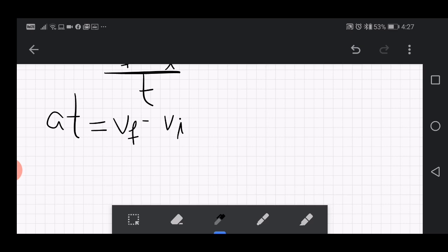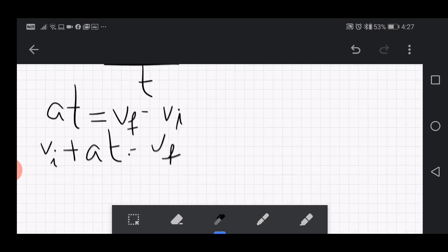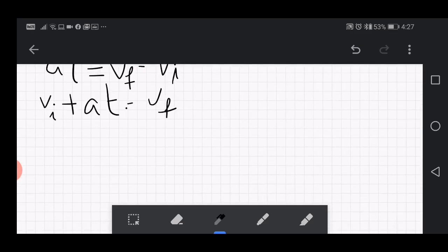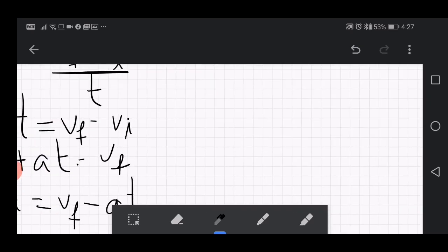You want to switch the initial velocity to the left hand side, and so this is a two-step process. First move initial velocity and then move at. So the initial velocity is equal to the final velocity minus at. And so that's your first equation here.